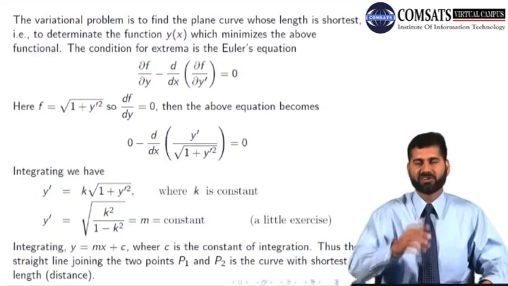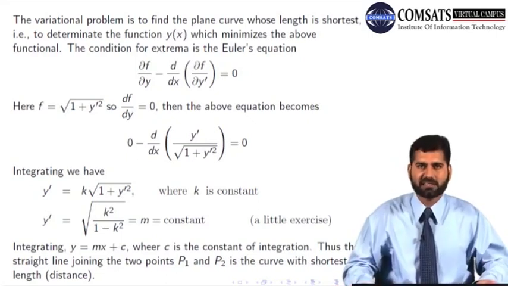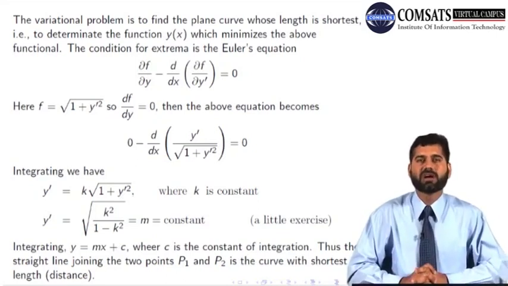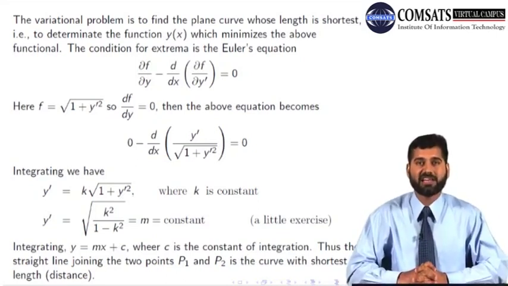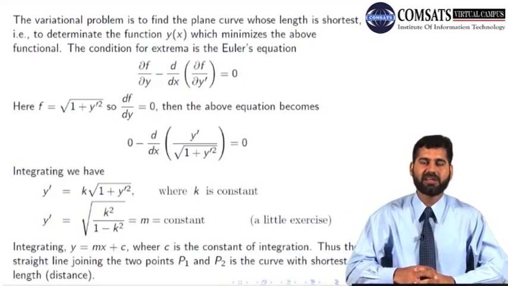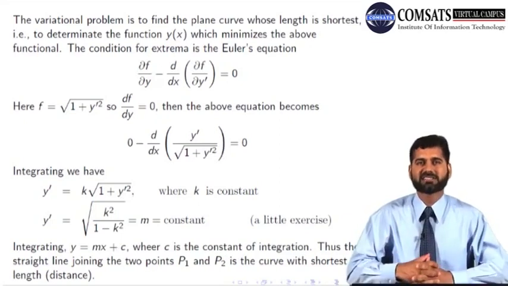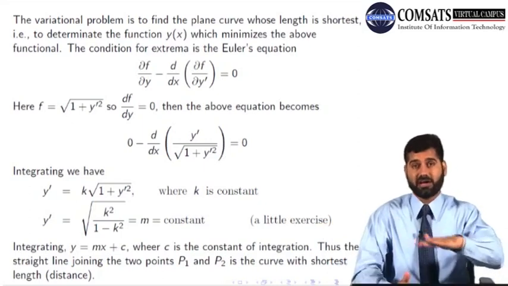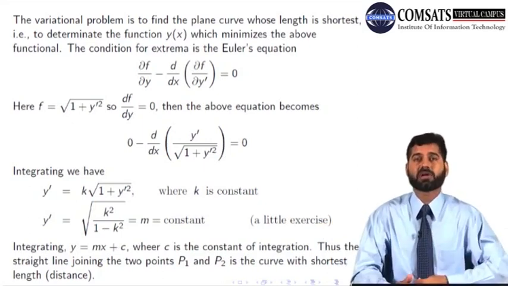You have to go straight to the second point. So we expected at the beginning that this should come out to be a straight line, and you see we got y(x) to be a straight line, which minimizes the length of the curve. So the shortest curve joining 2 points has to be a straight line, and in a plane. I'm not talking about any other surface.